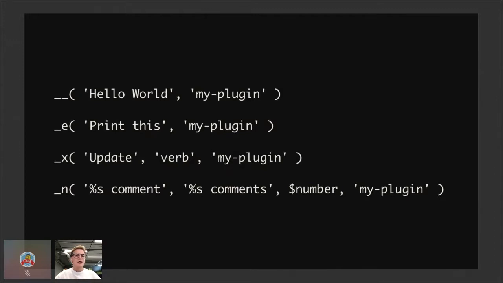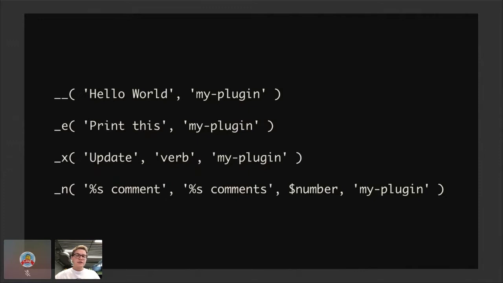There's also underscore E, which is the same as the double underscore function, but it directly prints the string to the output instead of just passing it somewhere. We also have the underscore X function, which is similar to the first one, but it allows you to add a context to a string.